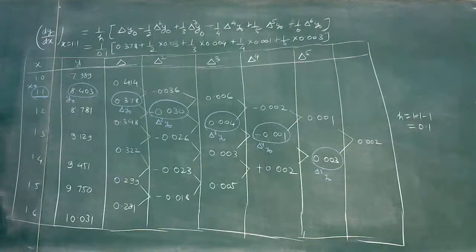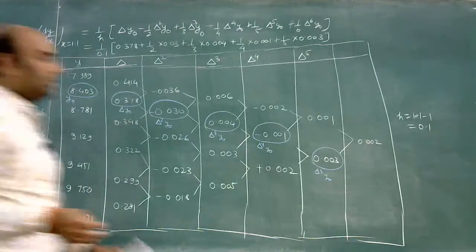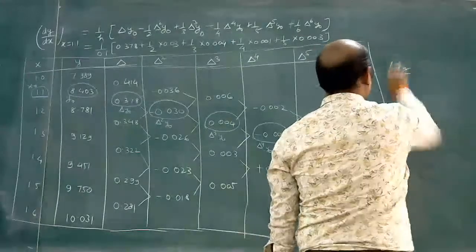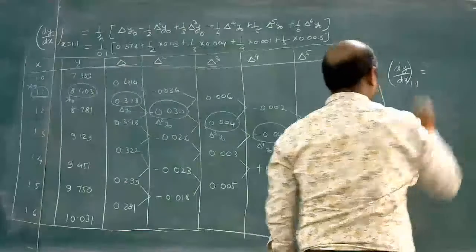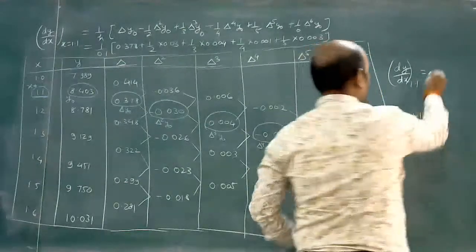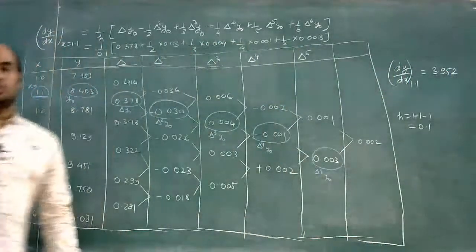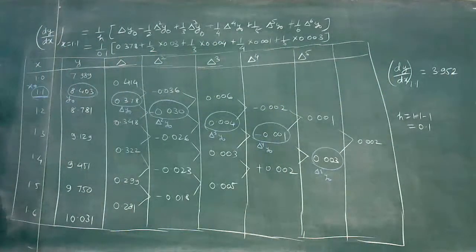Okay. So we substitute these values, and solving this, you will get du by dx at x equal to 1.1 is 3.95. Okay, so this is the value of du by dx.